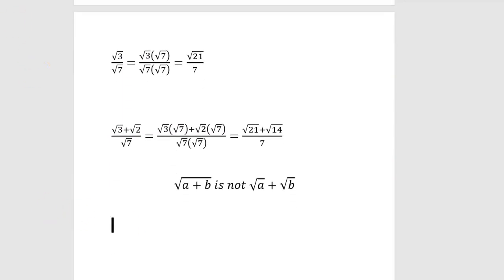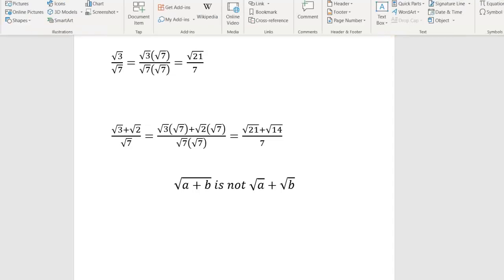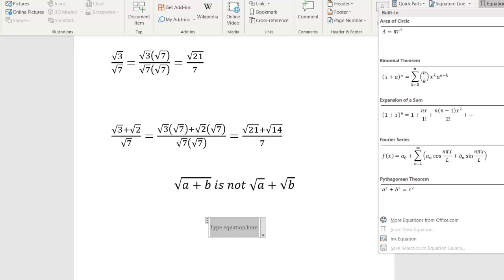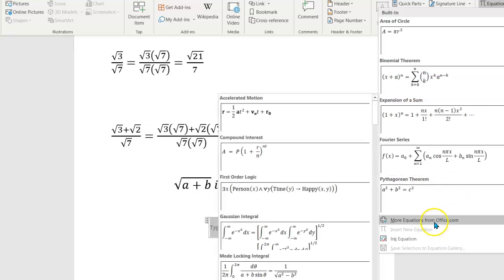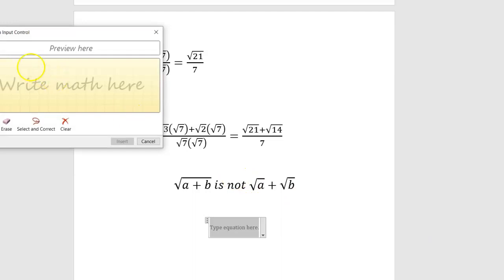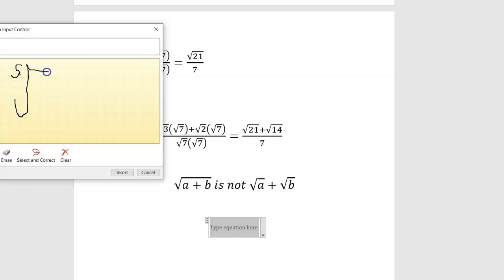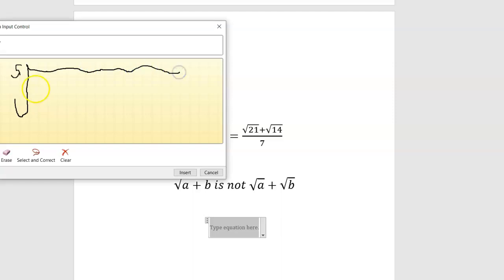Depending, Home, insert, equation. Lately I've been having to go to the draw tool, which is irritating, but I'll ink it. So let's say that I want to do the 5th root of, let's say, 32.